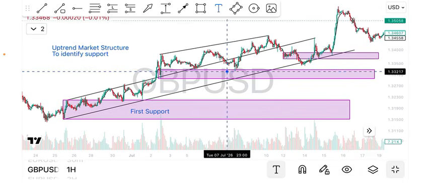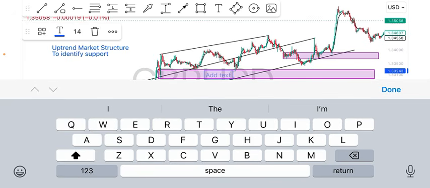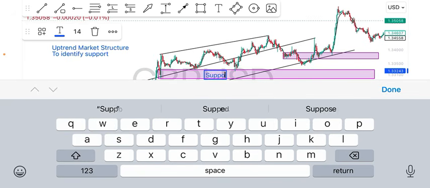This is the first support. This is going to be our second support level also.